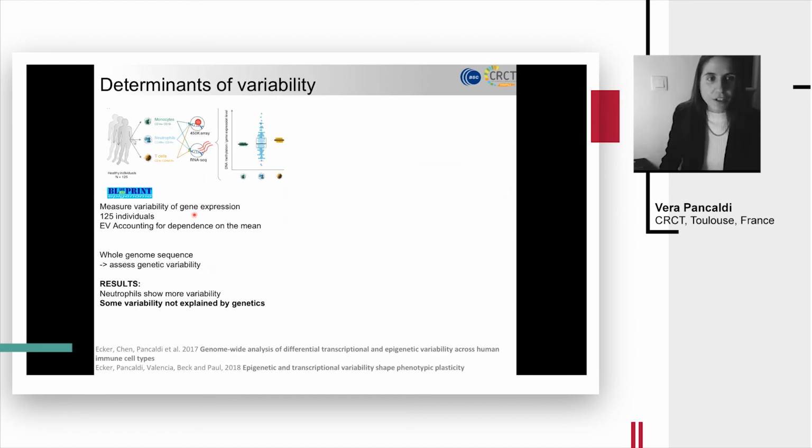So we have done some work on studying the variability of gene expression and methylation across many different individuals as part of this project. This was 125 individuals for which gene expression, DNA methylation, and also all of the genetics was performed. And we were able to estimate expression variability with a robust measure that removes the dependence on the mean.